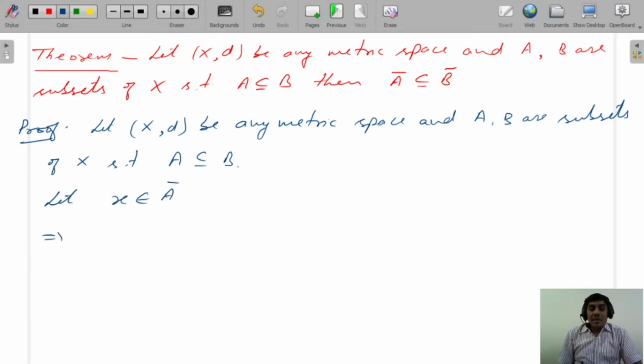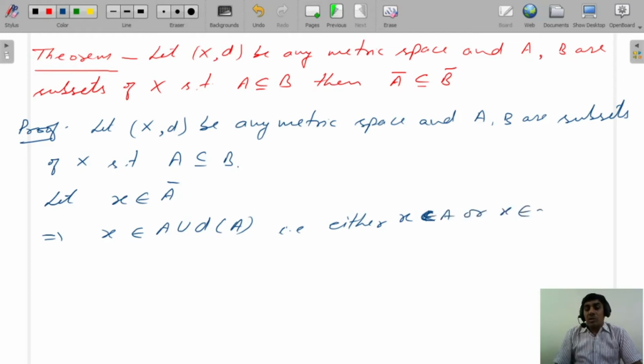This implies x belongs to A union D of A. That is, either x belongs to A or x belongs to D of A. This implies x is an adherent point of A.